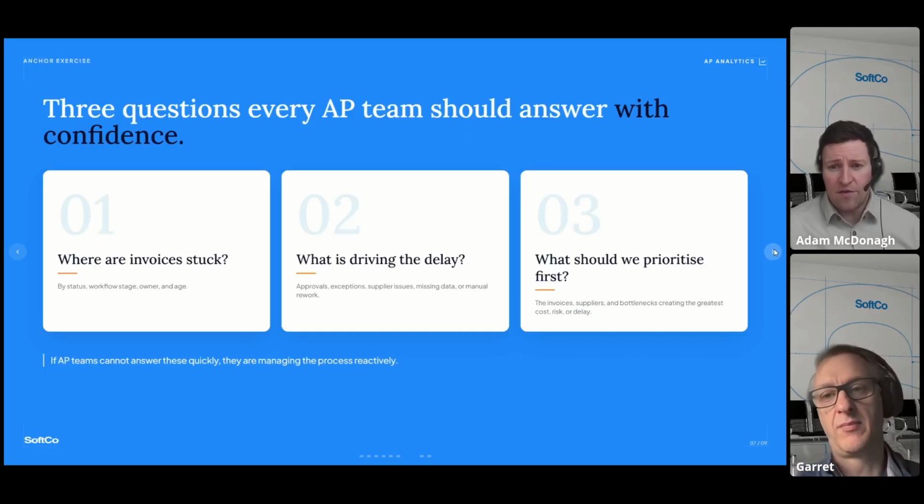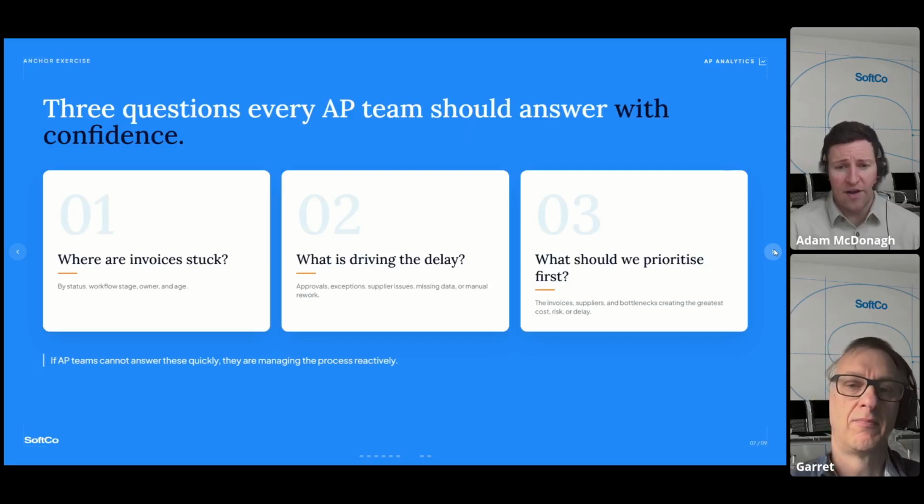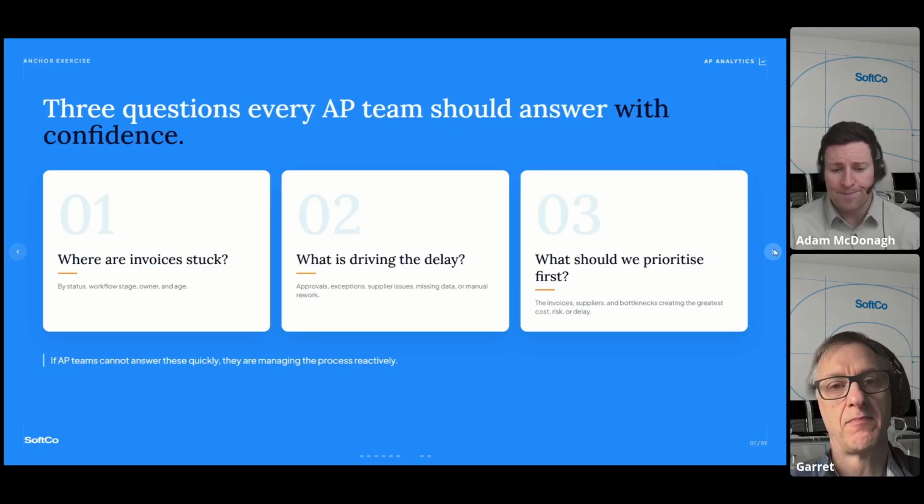Is there a key vendor and supplier that's going to give you access to, depending on your industry, raw materials, production goods, etc.? You want to make sure you're paying those on time and keeping those happy. Is there risk of late payment penalties, etc.? Can you mitigate those ahead of time and pay those earlier so you're not being penalized? So it's those type of invoices that you're able to get the insight into first and foremost, and then take appropriate action from there.